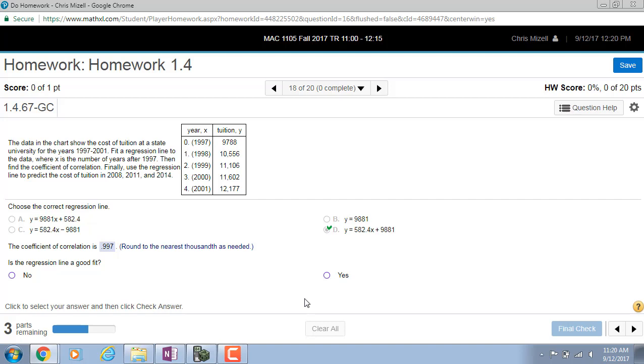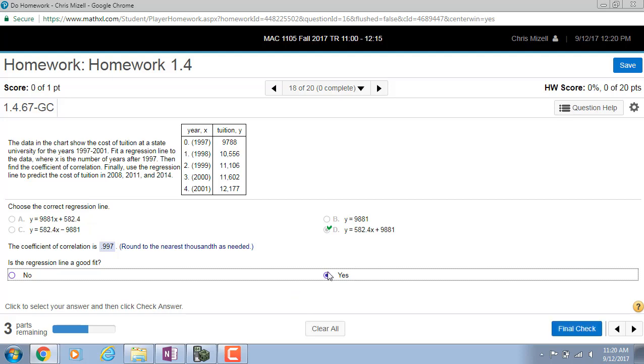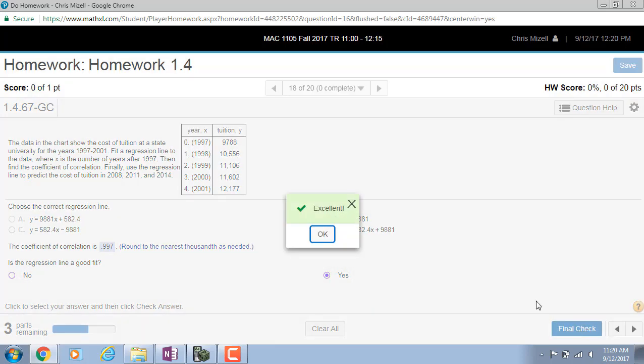If there are a lot of ordered pairs, that correlation coefficient doesn't have to be as close to 1 for it to be classified as a good linear fit. If it's just a handful of ordered pairs, the correlation coefficient has to be closer to 1. But I'll look at the next 2 examples as well and see if there's a situation where it's not a good linear fit. Final check.